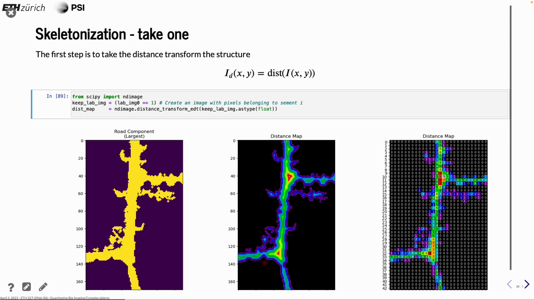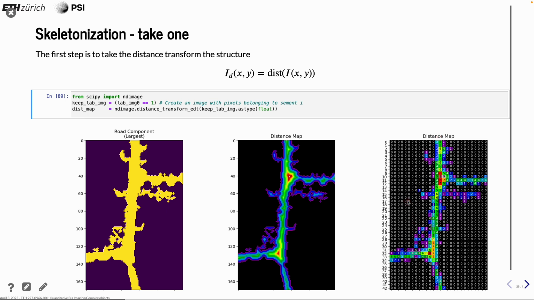And the skeleton is in principle the medial axis, so we have the skeleton on the ridge of the distance transform. Here I just showed a little bit downsampled so we can see the distances that we have.